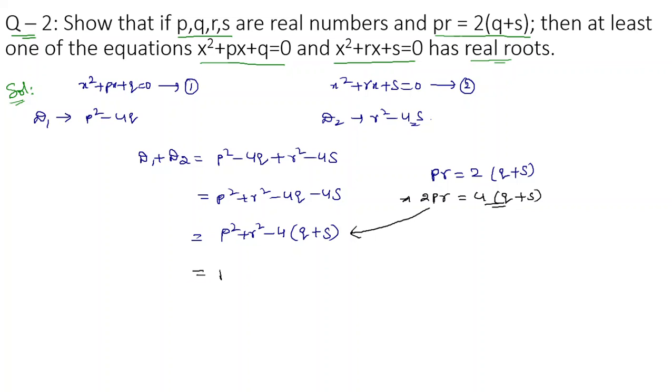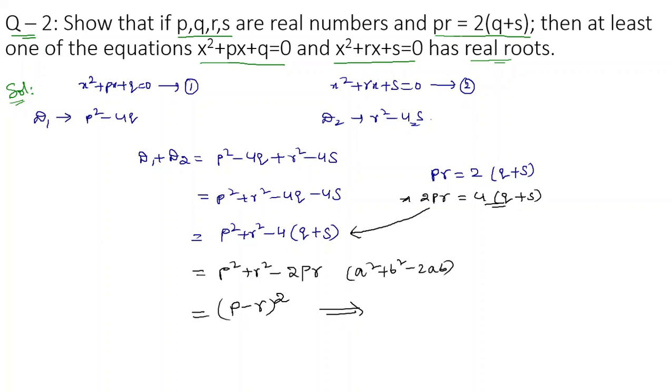So now in the place of 4 into q plus s, we can substitute 2pr. Now this becomes p square plus r square minus 2pr. Now this is in the form of a square plus b square minus 2ab. So now we can write this as p minus r whole square.